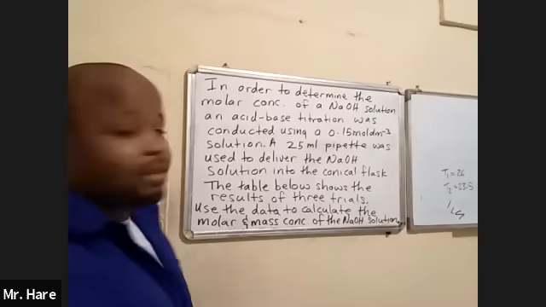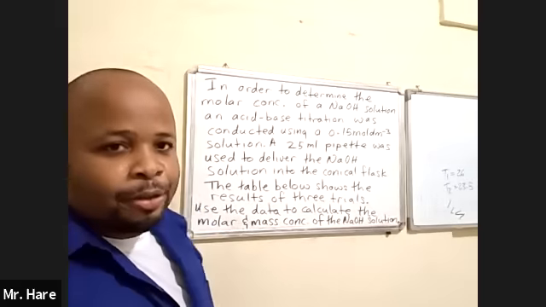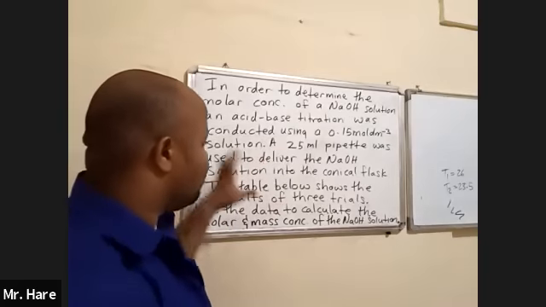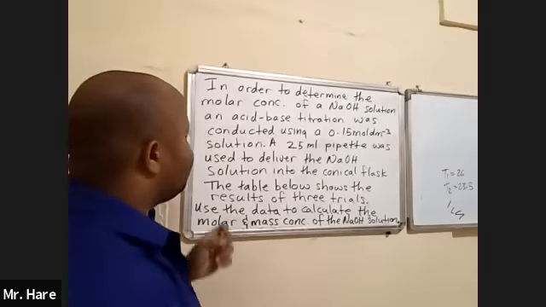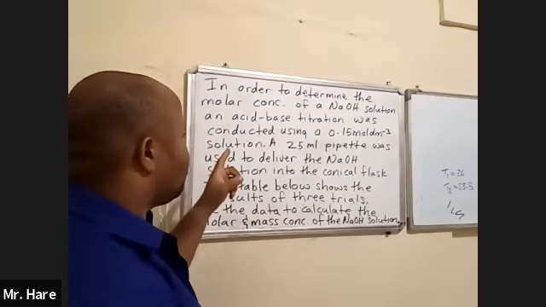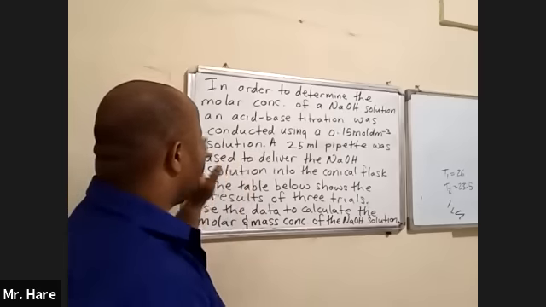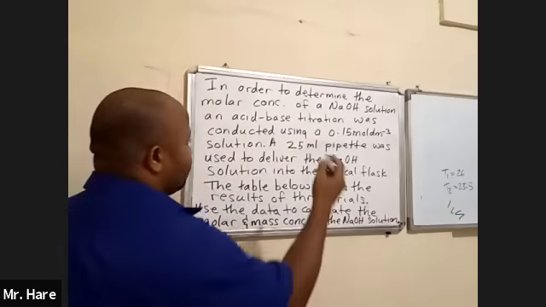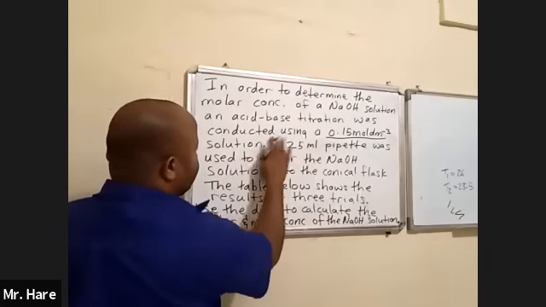All right, so when you get a titration question, I want you to just read through it and pick out all of the information. So anytime you see a number, just highlight it. So let's go. So it says, in order to determine the molar concentration of a sodium hydroxide solution, an acid-base titration was conducted using a 0.15 moles per dm cube solution.